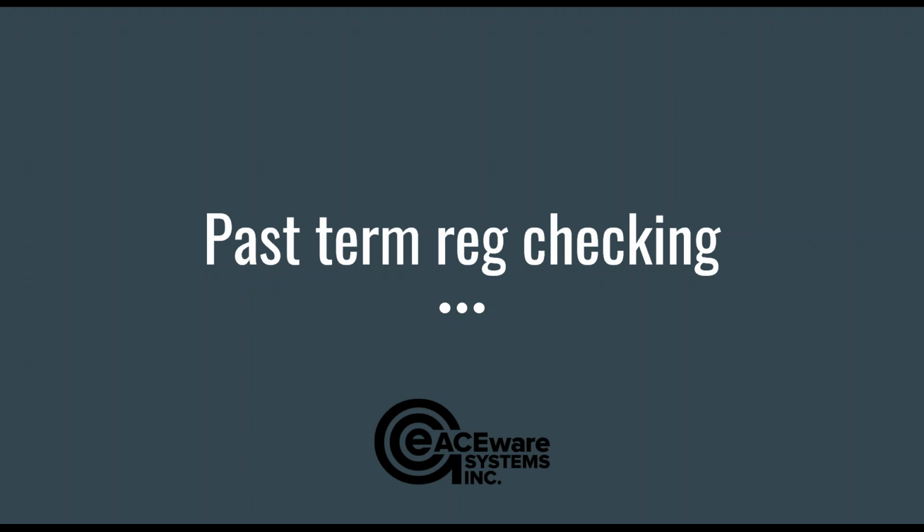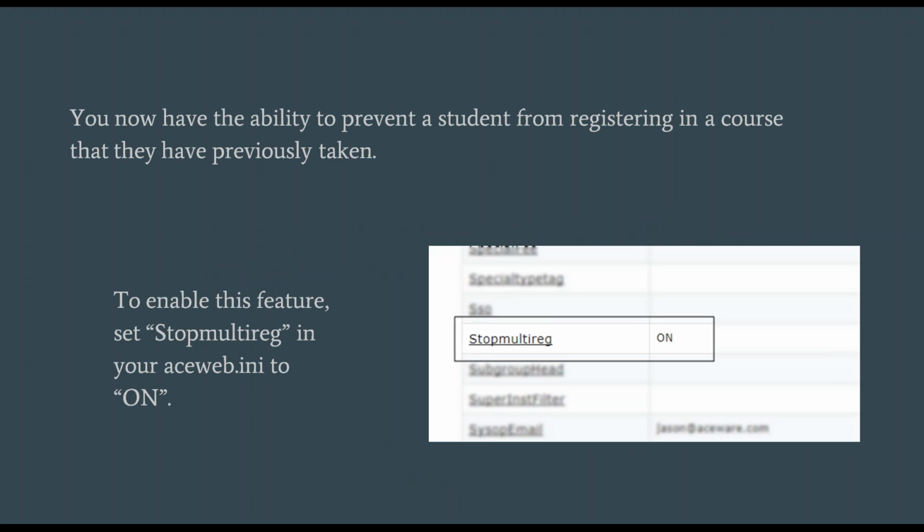So pretty intuitive. Okay, so last on our list of new things is the past term reg checking or the multi-reg. We haven't really come up with a clever name for this yet, but essentially it's kind of like reverse course prerequisites. It's going to check if a student has a registration in the same type of course in their previous registrations.